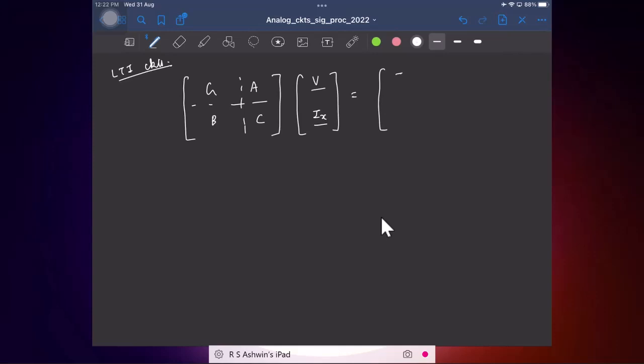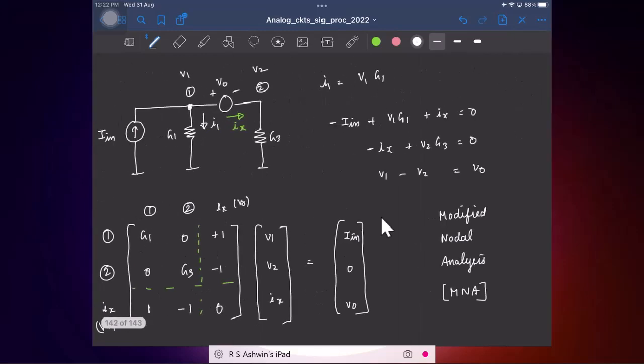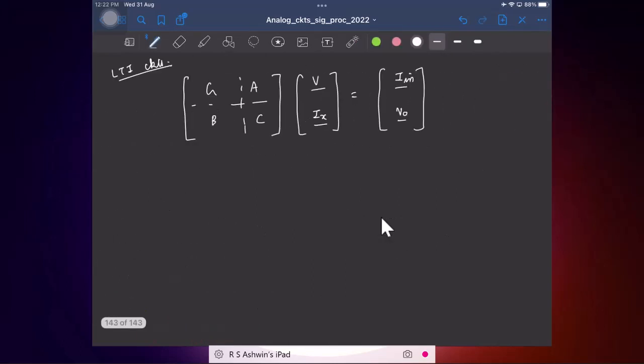This will be equal to the independent current sources and the values of the voltage sources. Here in the example we had only one voltage source. If we had another voltage source, you assume that the current through that voltage source is unknown, so you'll have one more entry, one more row and one more column. Great. Once you have this formulation, you can find the solution by simply inverting this matrix.